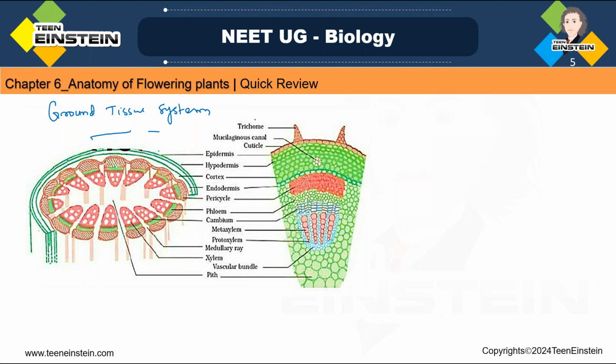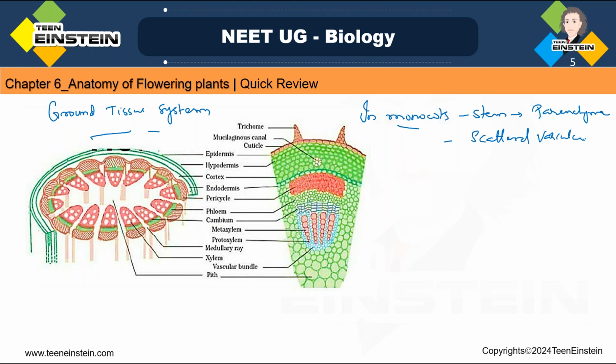And in monocots, scattered vascular bundles you can see.